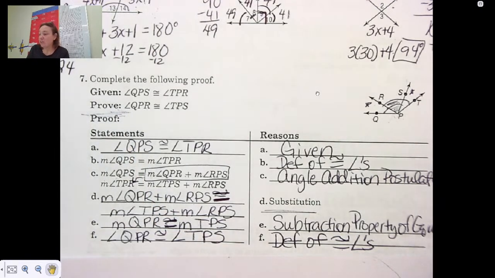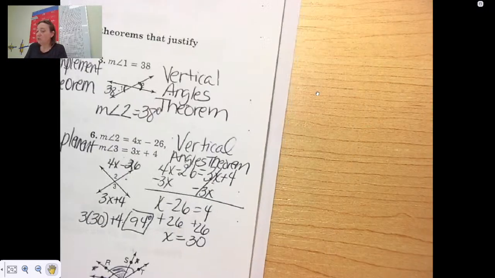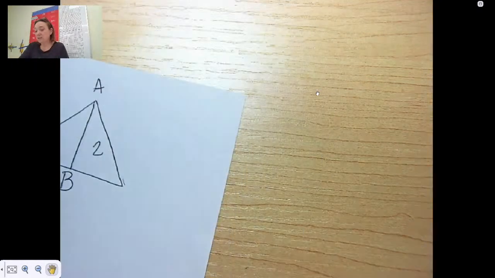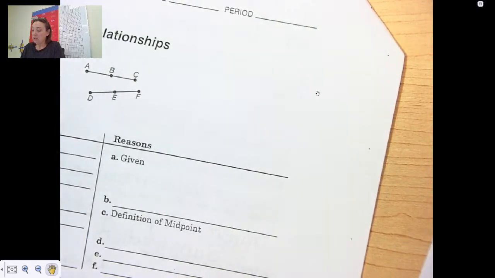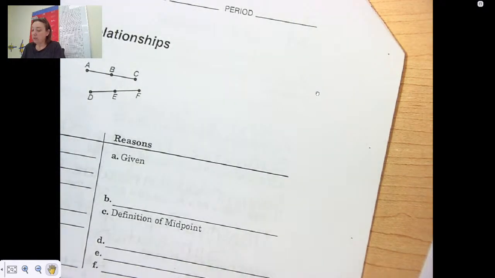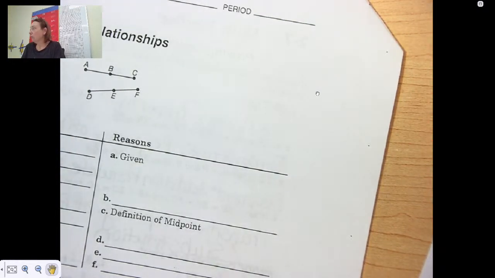Okay, so we actually finished this quite a bit earlier than what we did in second period, but I got a new student in second period and that took up a lot of time. Tomorrow you are going to be doing 2-7 practice and 2-8 practice. 2-7 practice looks like this. It's one proof you're filling in the blanks, and then the second one is you're going to write your own proof.